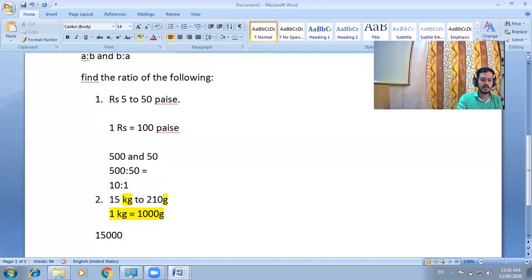After simplification, 15 kg means 15,000 grams to 200 grams. Both are converted into grams, so grams and grams cancel out.